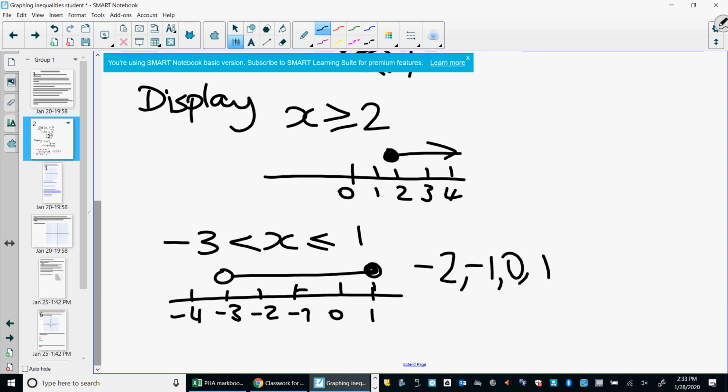Okay, are we all happy with that? If it was an integer, we know that means it's a whole number. We can't include -3 because it has to be more than -3. So -2 is the first one, but we can include 1 because it's got the or equal to. Yes? Right, so that's a recap of those kinds of things.